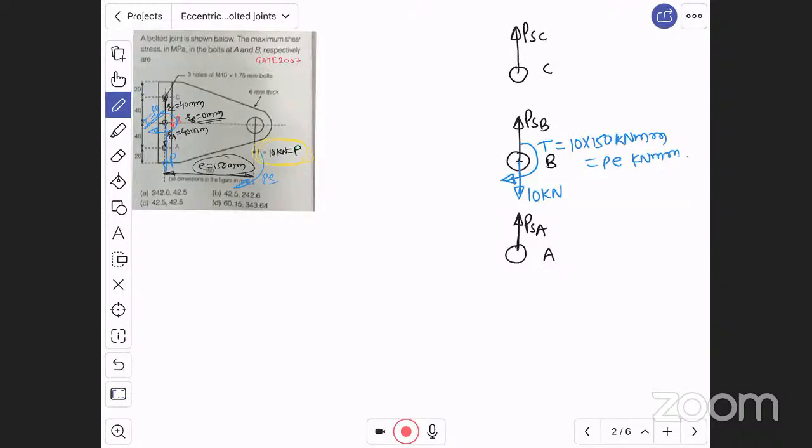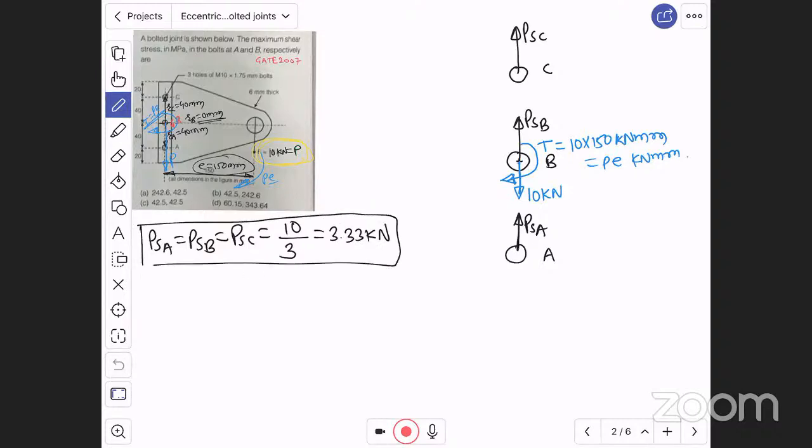Now can I say the primary shear load in all bolts is the same, that is PSA is equal to PSB is equal to PSC, which is total load 10 divided by number of bolts, 3, which is 3.33 kilonewton. This is the primary shear load in all bolts, which is upward.